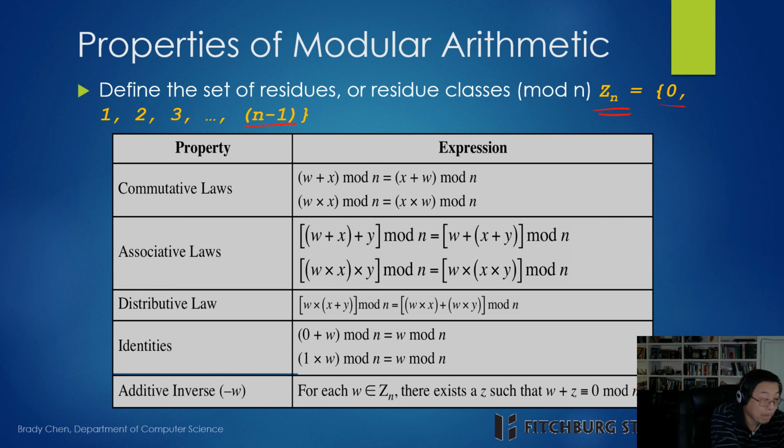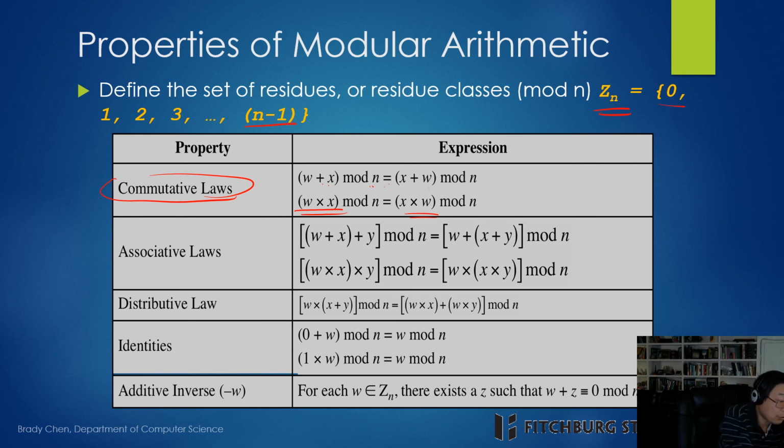So here are the properties. The first one is the commutative law, which says w plus x mod n is the same as x plus w mod n. So you can switch the order when you do the addition. And the same thing for multiplication mod n: w times x mod n is the same as x times w mod n.